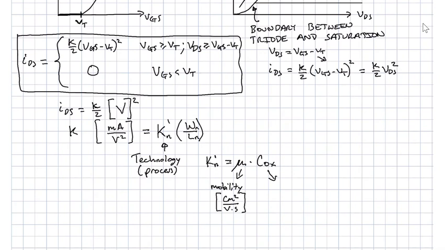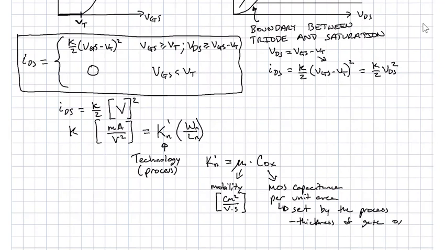And Cox is the MOS capacitance per unit area. Again, this is set by the process. What does that mean? It depends on the thickness of the gate oxide and the dielectric constant of the gate oxide.